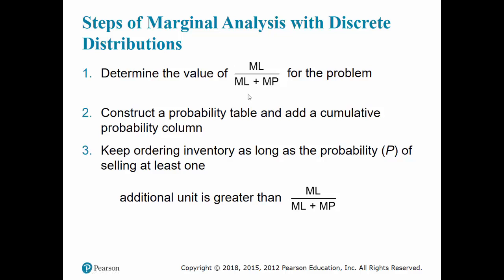So you need to have a probability distribution. If the possible future demands are discrete, like it can only be 10, 20, 30, 40 or 50, then you can use the discrete probabilities and figure out what the optimum stock level should be.